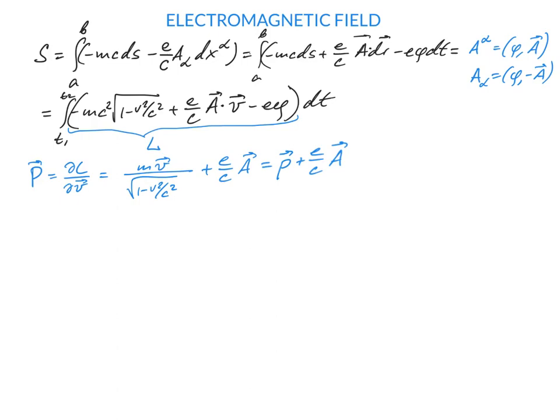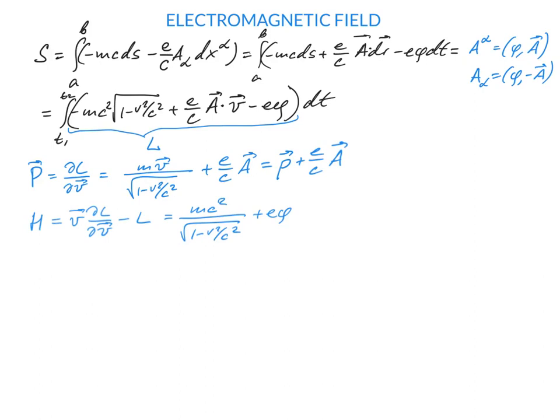Okay, so this is the canonical momentum. The next step is to find the Hamiltonian. To find the Hamiltonian, we must take v dL by dv and subtract L. If we do that, we obtain mc squared over the square root as before. Now the terms with A dot v will cancel, and what remains is plus e phi. So it looks like the vector potential is not here, but in fact this expression is not in proper form.